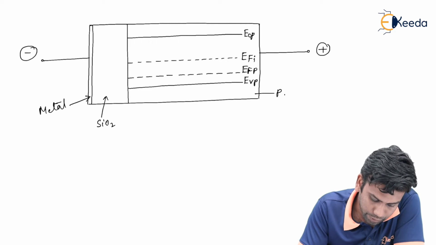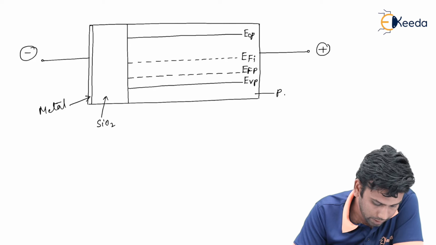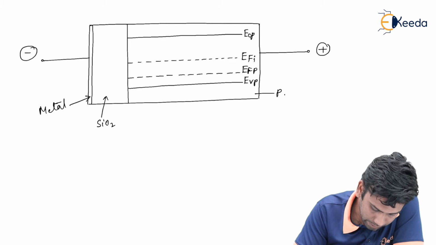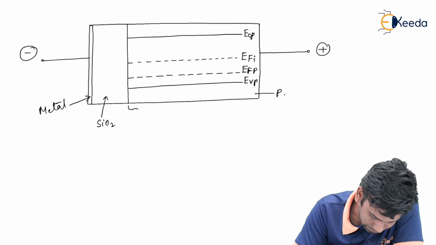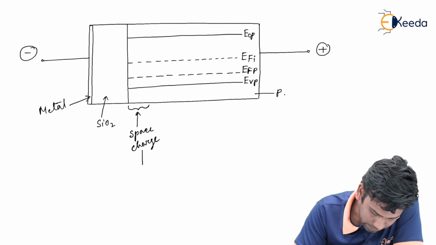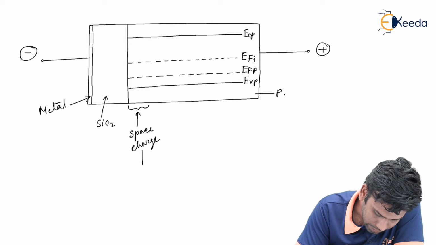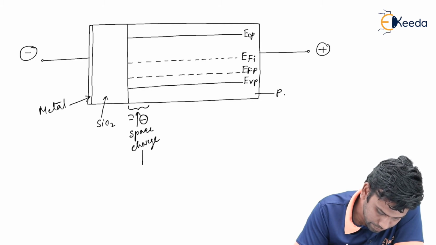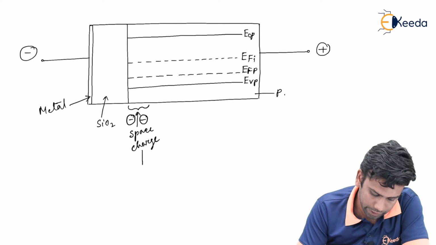Now when we have applied a reverse potential, then we have seen that near the interface a space charge region has been created, and in this space charge region negative acceptor ions have been accumulated.